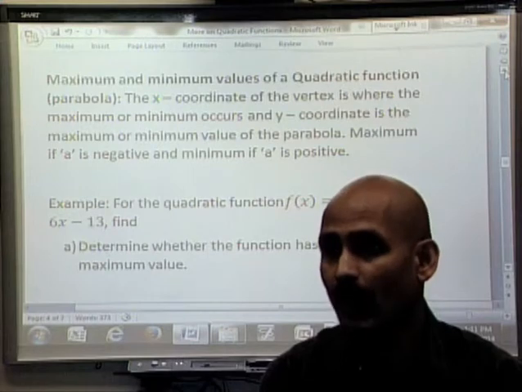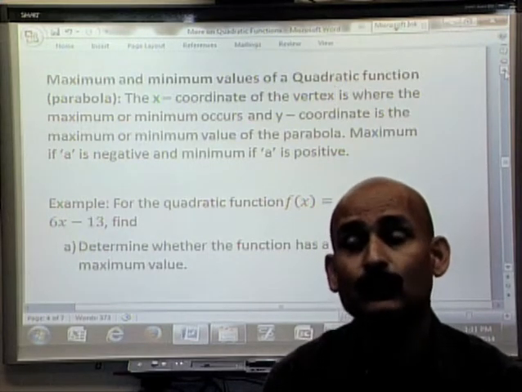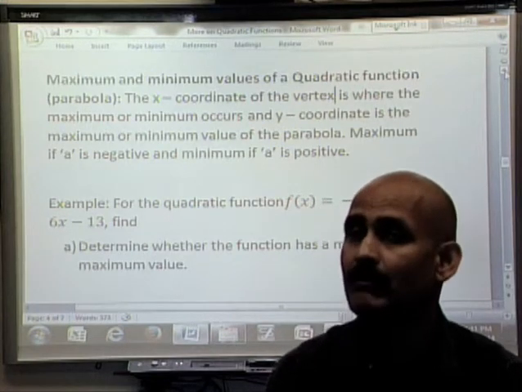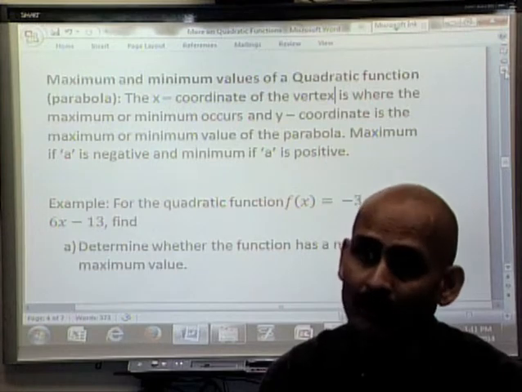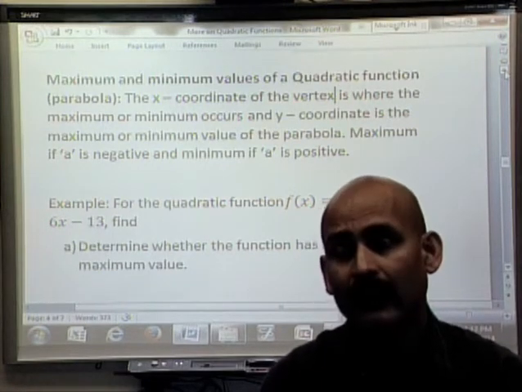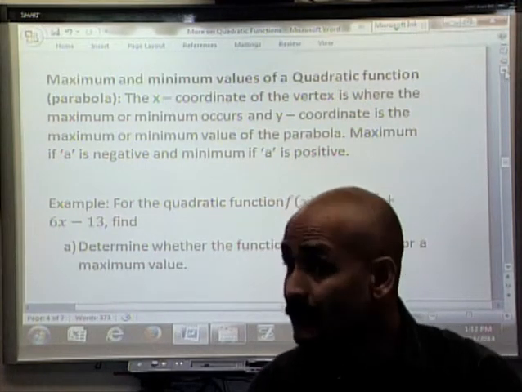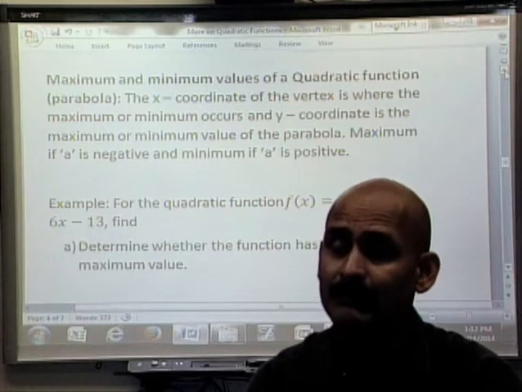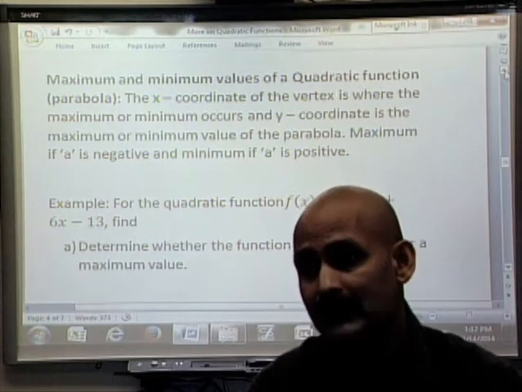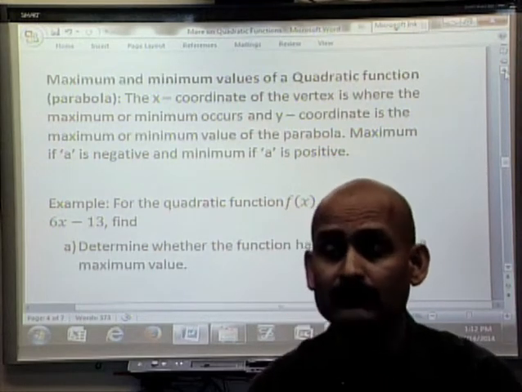One of the applied problems in the case of any function, regardless of whether it is quadratic or not, is to find the maximum or the minimum values of the function. In the case of a quadratic function, a quadratic function can either have a maximum value or a minimum value. It cannot have both.